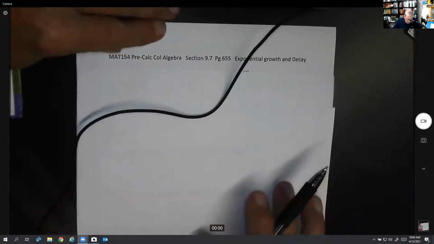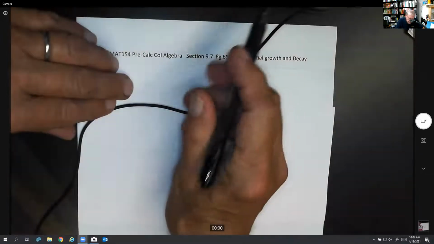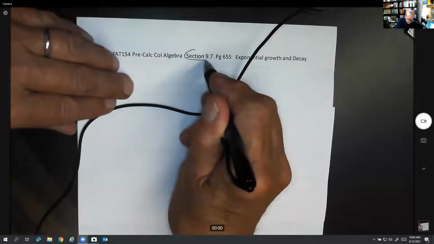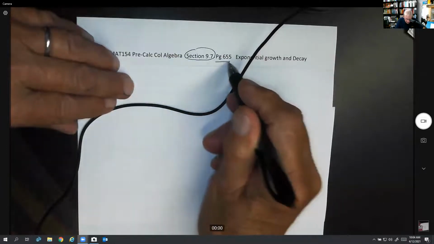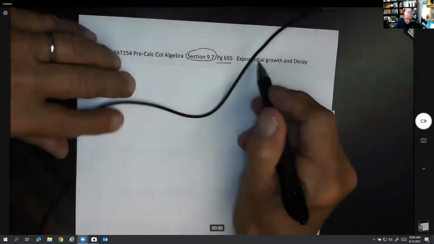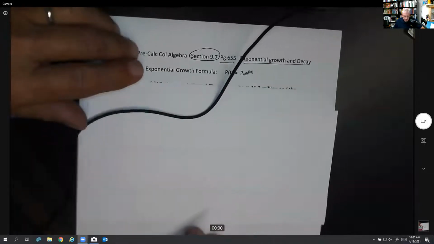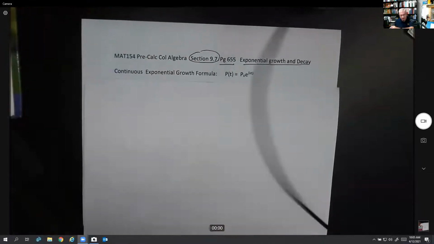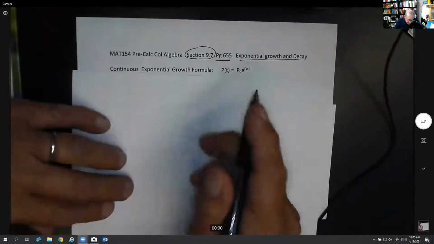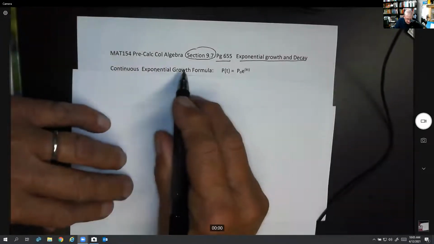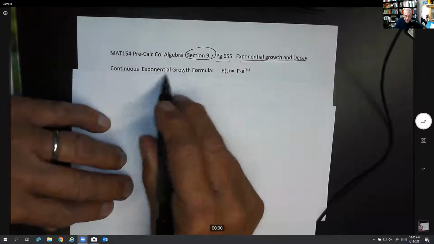So we're going to talk about section 9.7. If you have a book, page 655, exponential growth and decay. We're going to work with a formula, the continuous exponential growth formula.